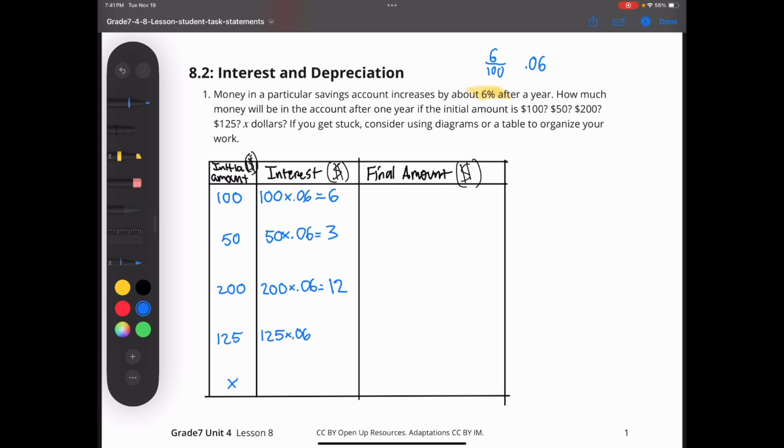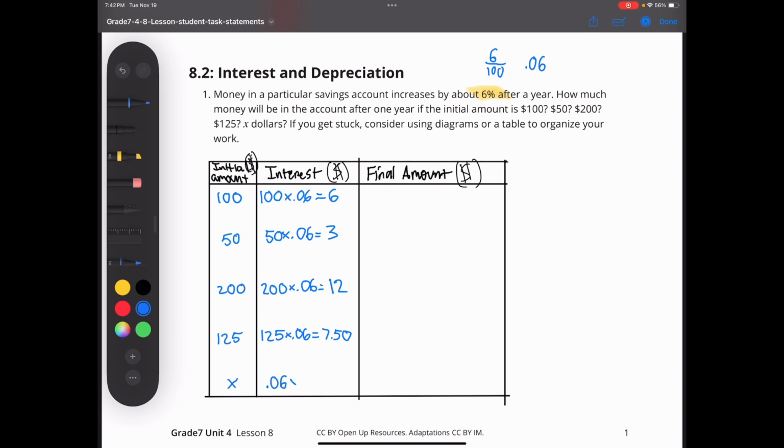Each $25 is going to accrue, meaning it'll get that much interest, $1.50. So our interest for $125 is $7.50. And now our interest on X is X times 0.06, or 0.06X.